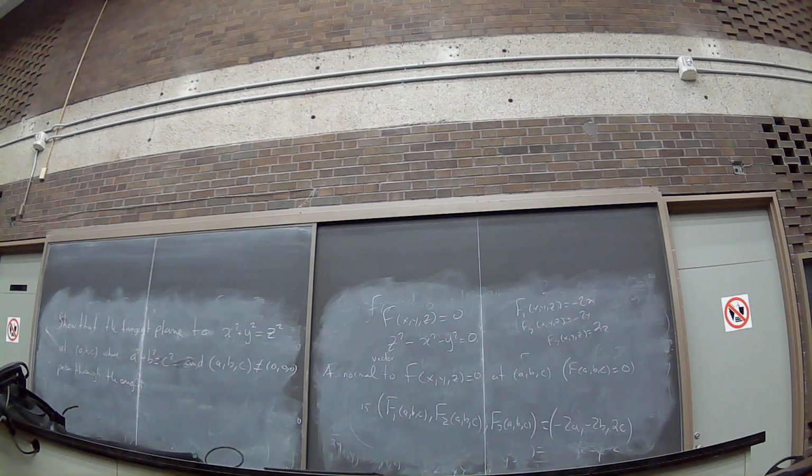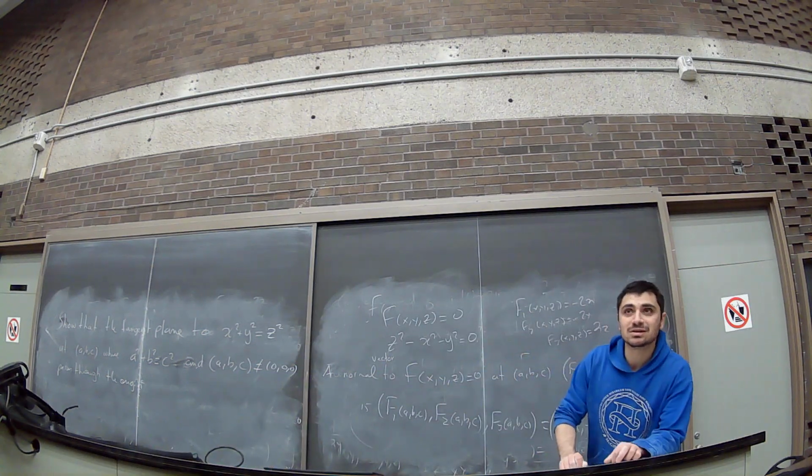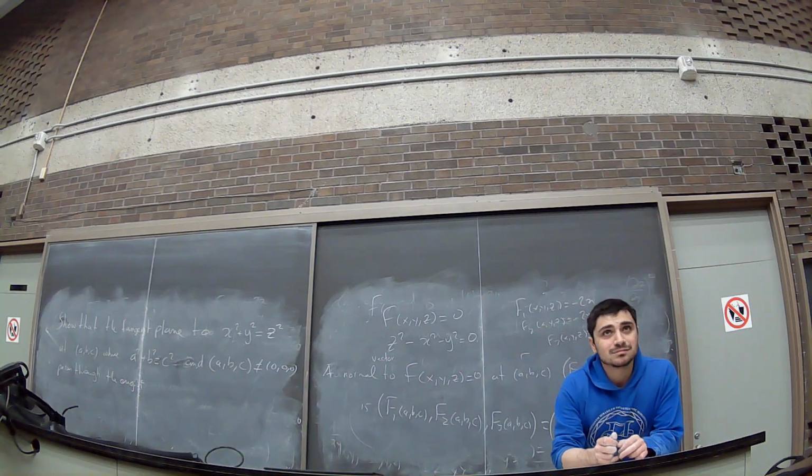Any questions on this? Is that clear? Yes or no? Okay, now what is my point here? It's (a, b, c). I want to check that this tangent plane passes through the origin. How do I check that? Okay, so you want to do a parametric equation of the tangent plane.